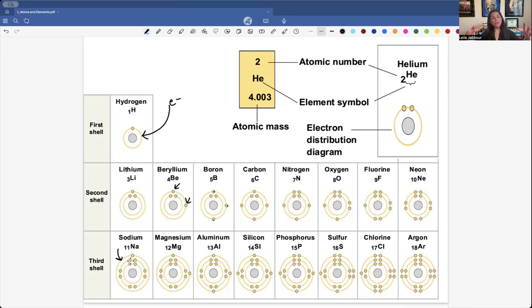When we distribute those electrons, you end up with one lonely electron on the valence shell, so it's going to have a tendency to want to pluck it off. But look over here: chlorine, 1, 2, 3, 4, 5, 6, 7.